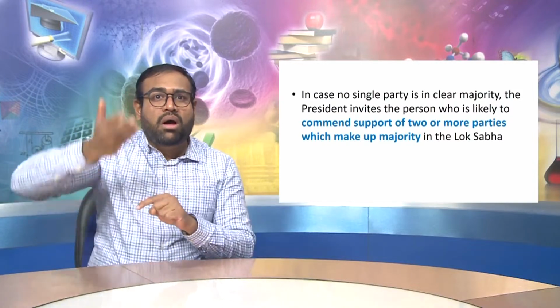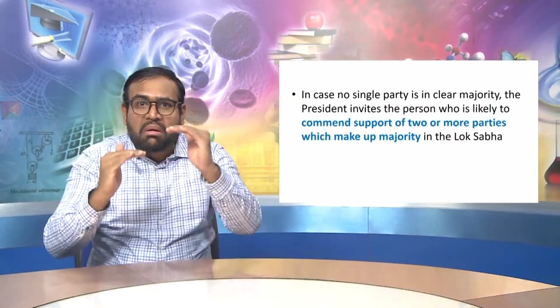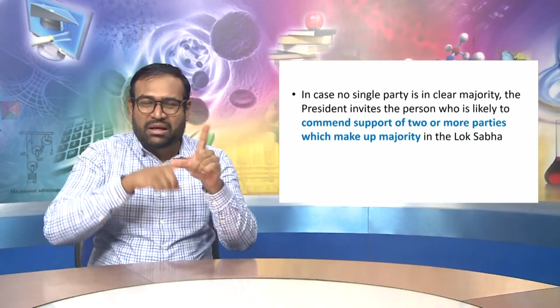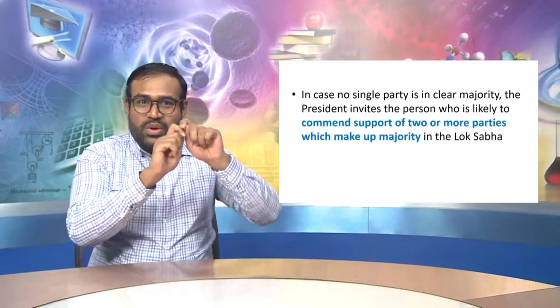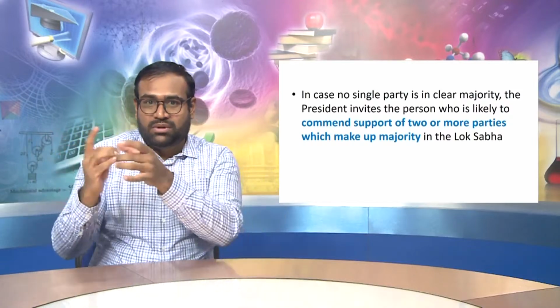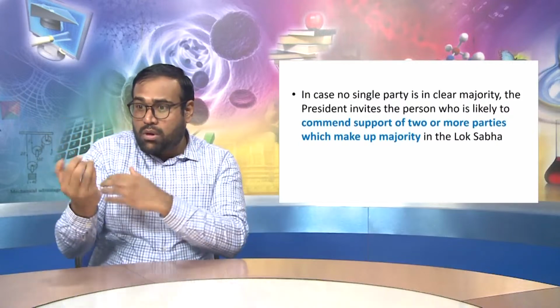In case no single party is in clear majority, the President invites the person who is likely to command the support of 2 or more parties which make up a majority in the Lok Sabha.